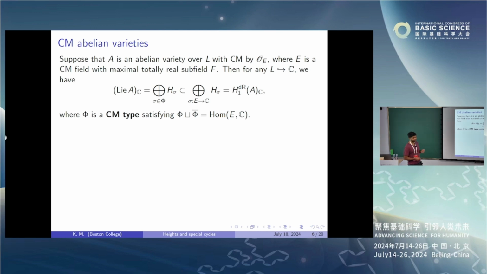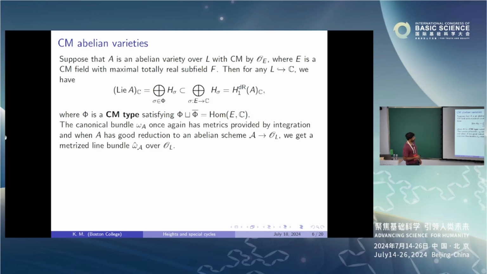And the Lie algebra is going to pick up exactly half of these one-dimensional pieces. This phi here is what's called the CM type. It's a subset of all the embeddings of E inside the complex numbers that, together with its conjugate, gives you the full set.